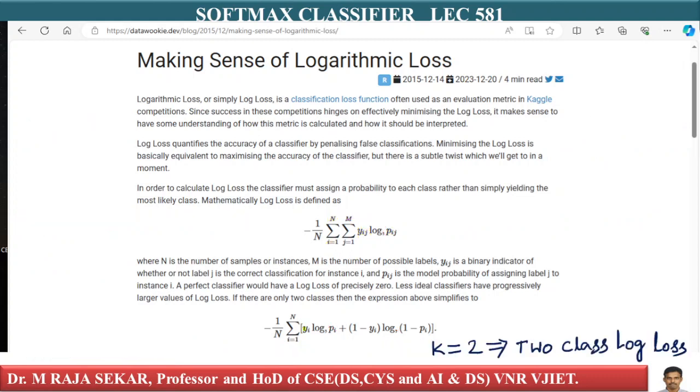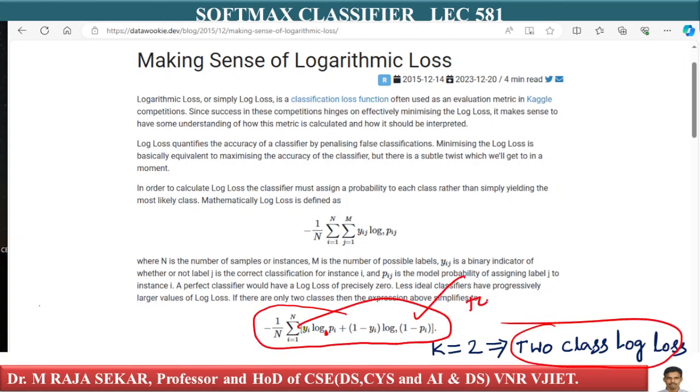And if k equal to 2, then it will be 2 class log loss, isn't it? What is 2 class log loss? Minus of 1 by n sigma i equal to 1 to n yi log Pi. This is 2 class log loss.